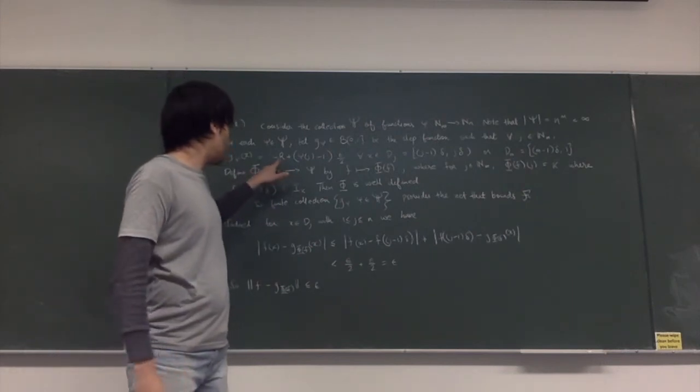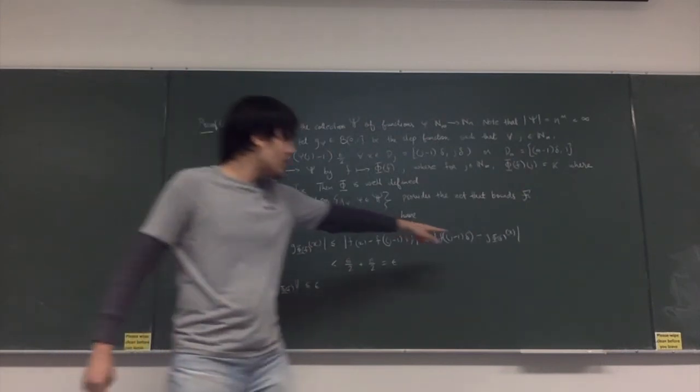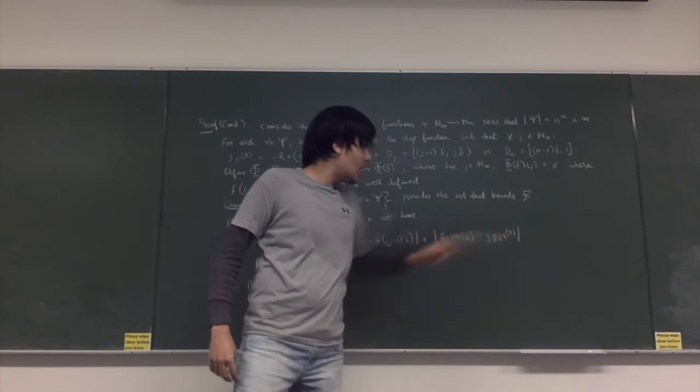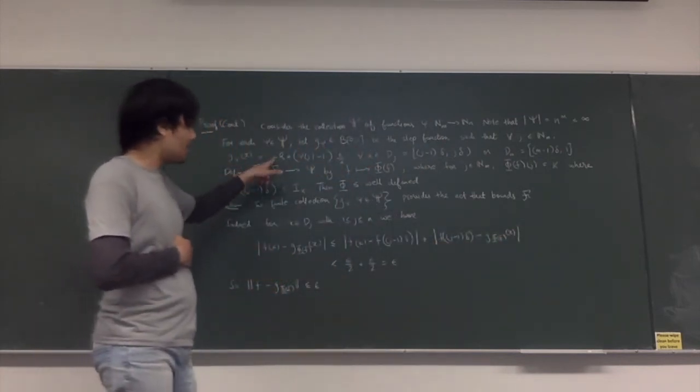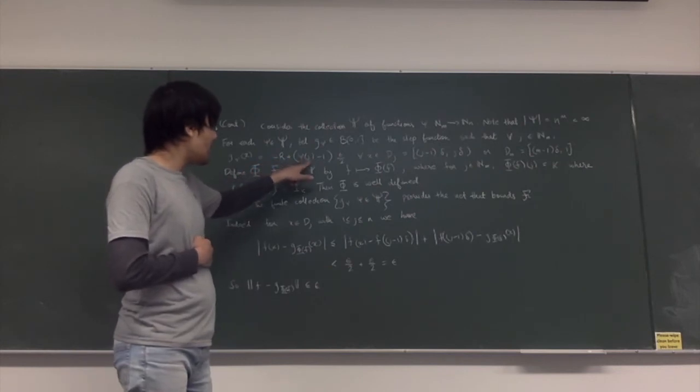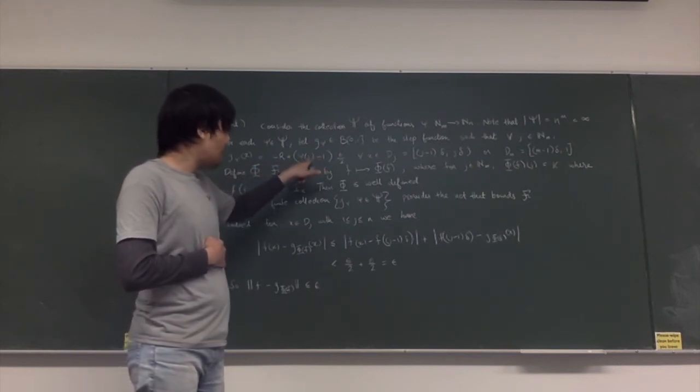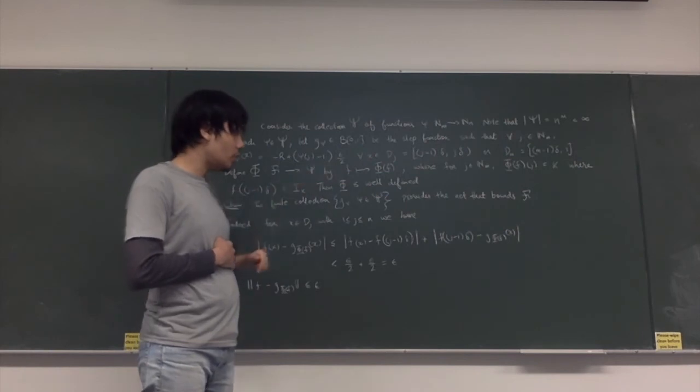So g_Φ(f) applied to x will give us minus r plus Φ(f) applied to (j minus 1) times epsilon upon 2.